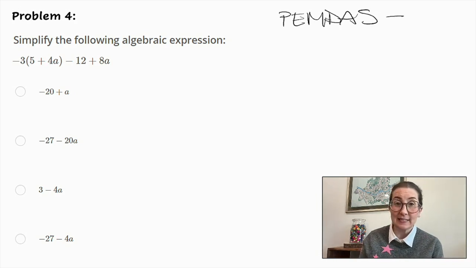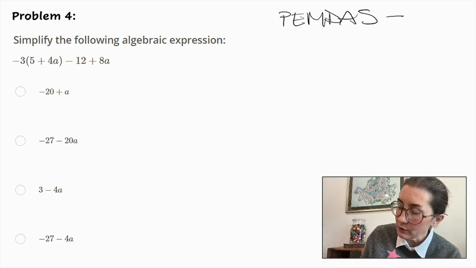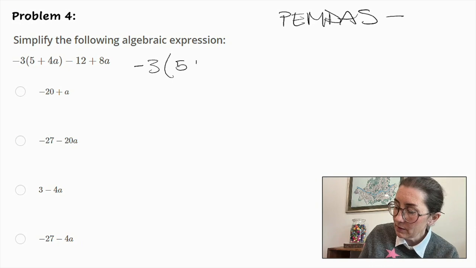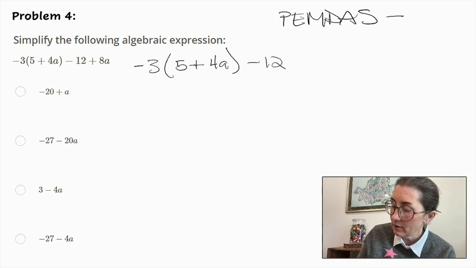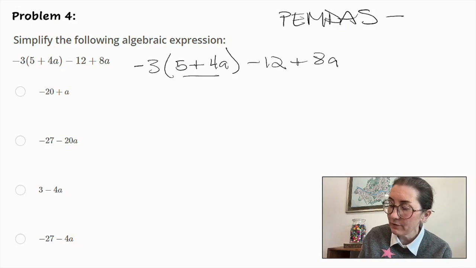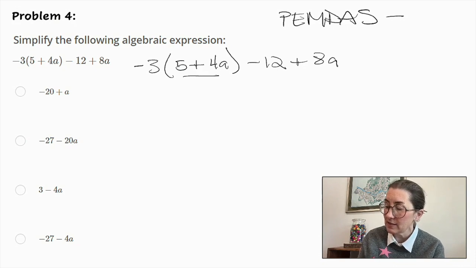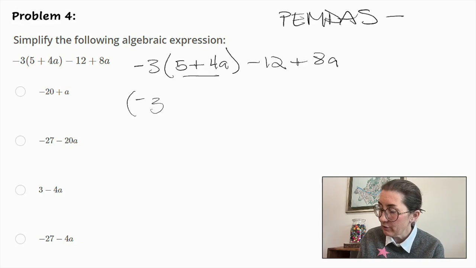So parentheses, exponents, multiplication, division, addition, subtraction. So let's write down our expression here. -3 times 5 plus 4a minus 12 plus 8a. We can't simplify or do anything to the expression in the parentheses, but we can do this.